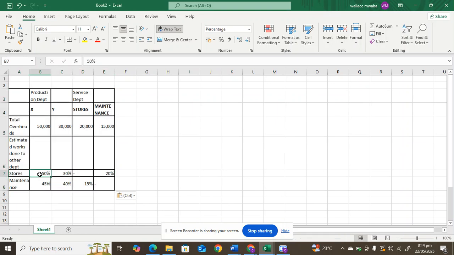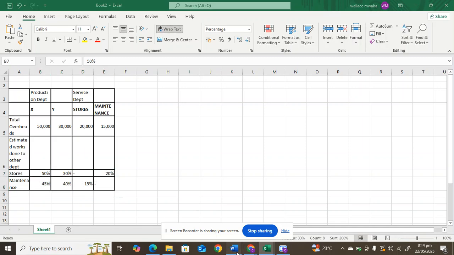So I'll convert these percentages to decimals. Stores, this 50% becomes 0.5. This 30%, oh, Excel doesn't want to convert them into decimals.